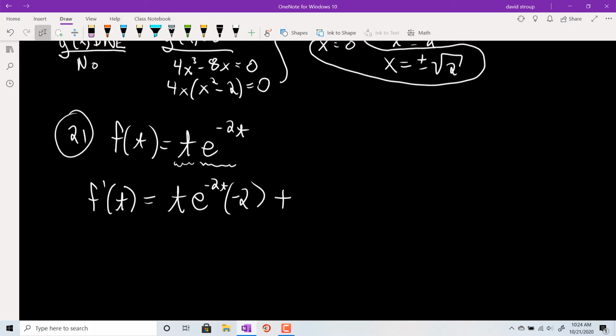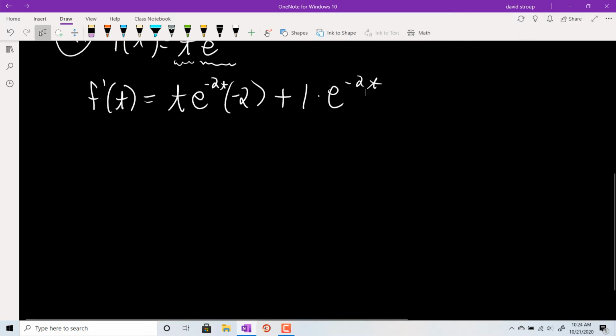There are 2 factors in this product, right? You have to leave one alone, take the derivative of the other, and then take the derivative of the other and leave the first one alone. So here I'll have 1 for the derivative of t, and then e to the negative 2t. I'm going to simplify this a bit, write it so it looks nice: negative 2t e to the negative 2t plus e to the negative 2t.